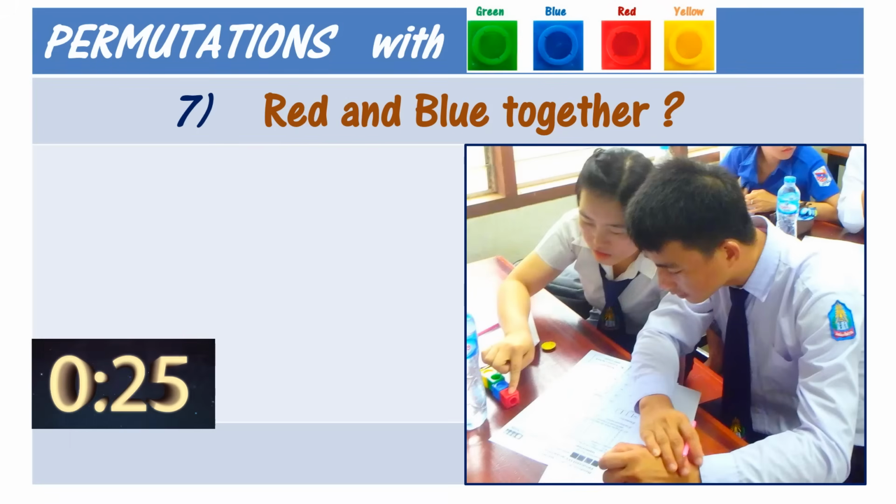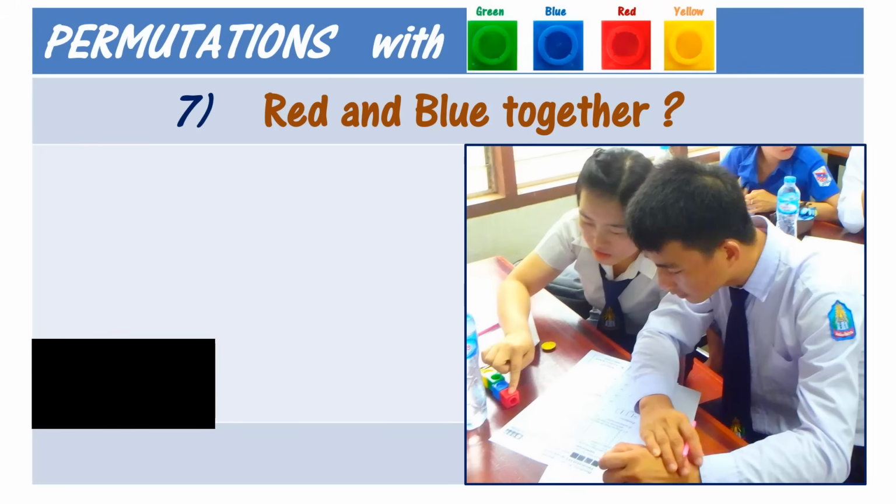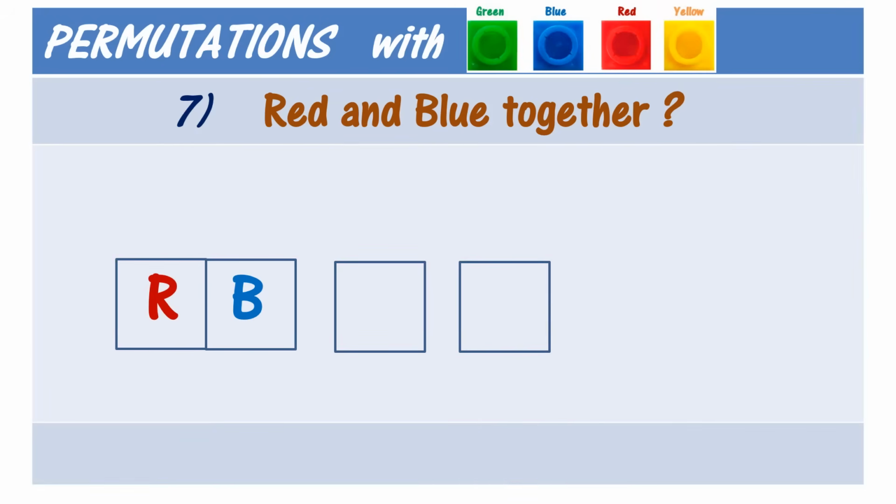The next question, red and blue together. Now there's a trick here that you should know. The trick here is that when you have two things together, you treat them as one.